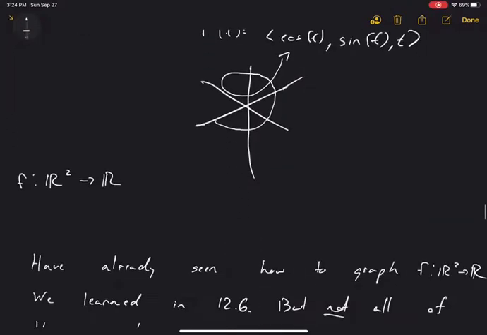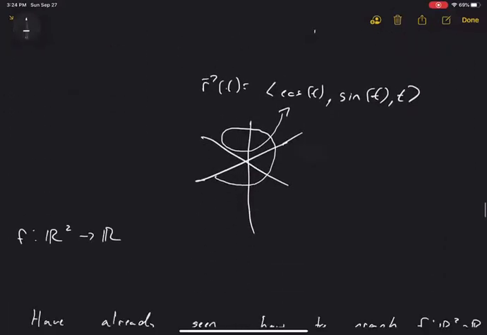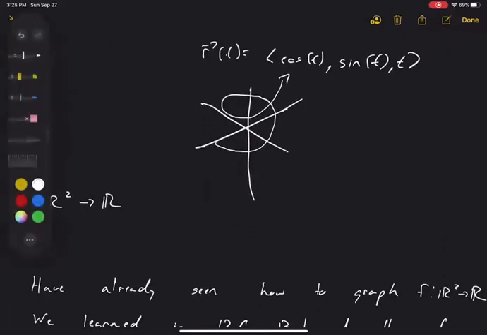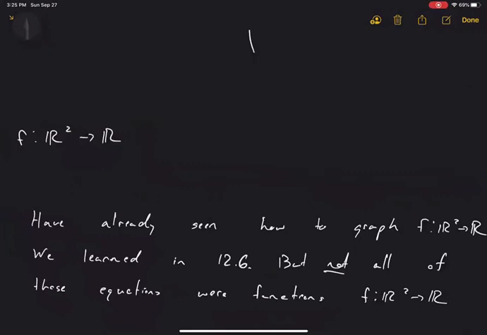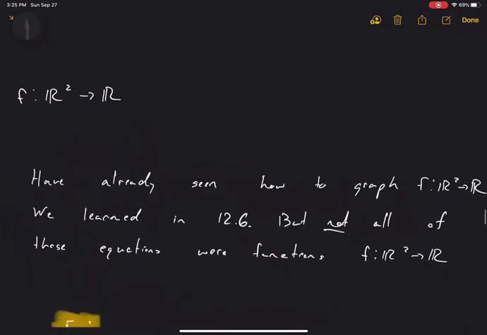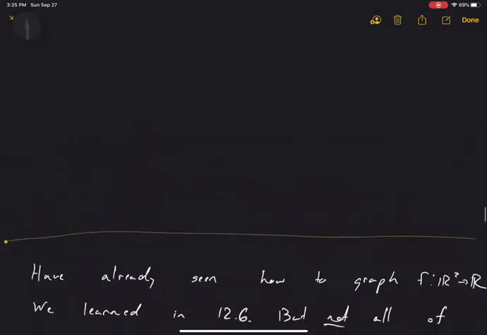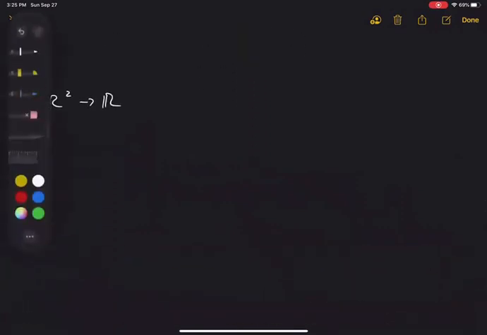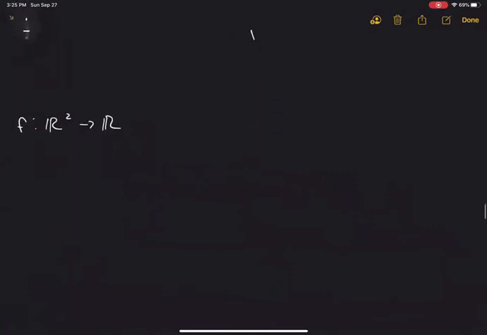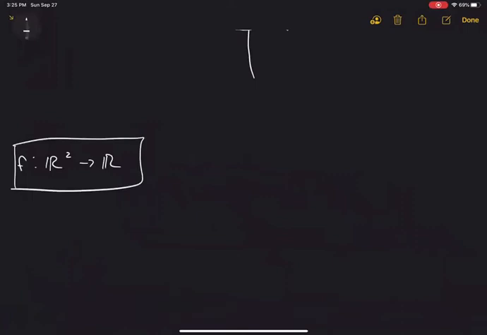Now, what's going to happen with the stuff in this chapter? We're going to confine ourselves to the case of functions from R2 to R. If we stick to R2 to R, things are going to work out nicely.